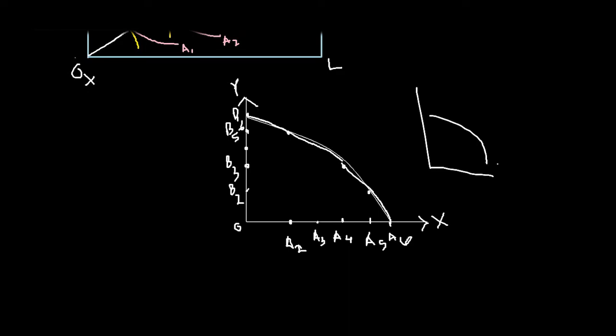And this is the curve which we call a production possibility curve. A production possibility curve would show you all the possible combinations or bundles of both the goods that the economy could produce with its existing resources, right?